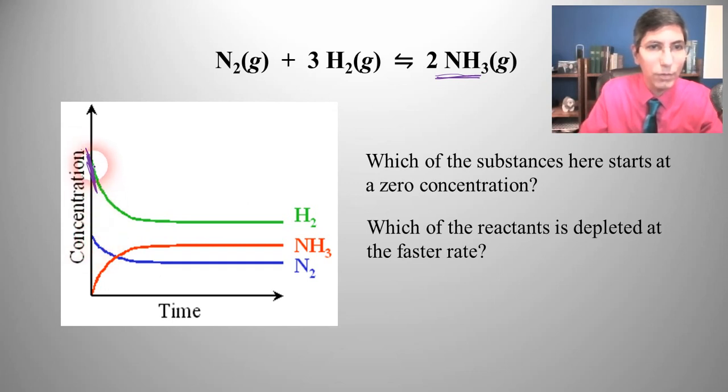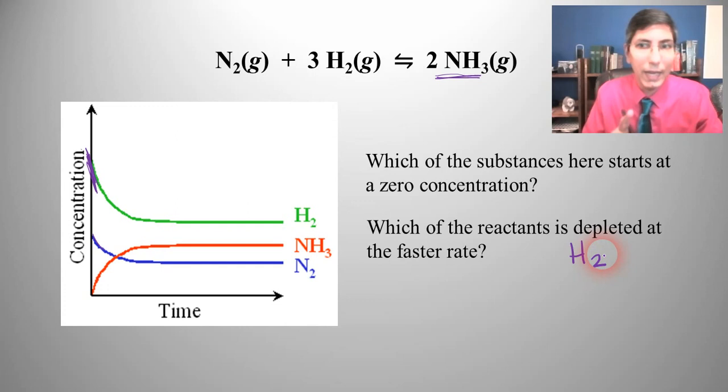If this is a roller coaster, hydrogen is a big drop, whereas nitrogen is not as big of a drop. So we can say that hydrogen is the one that's being depleted faster. In fact, hydrogen is being depleted 3 times faster.